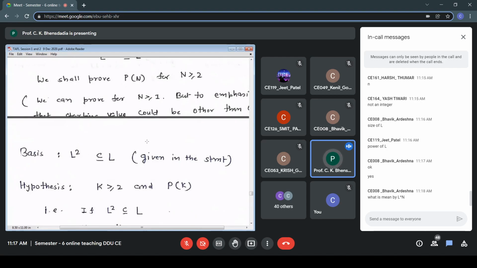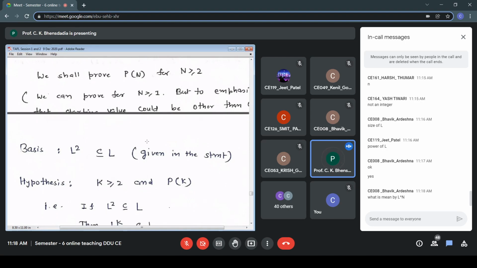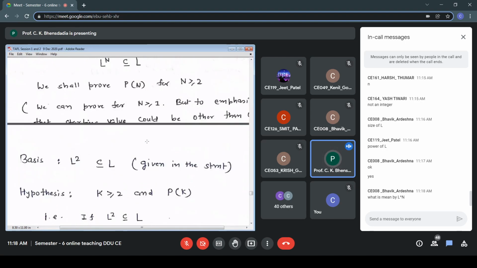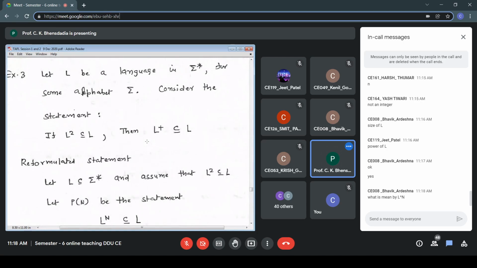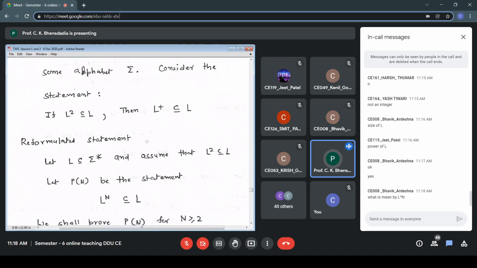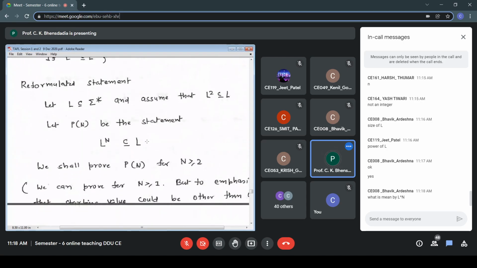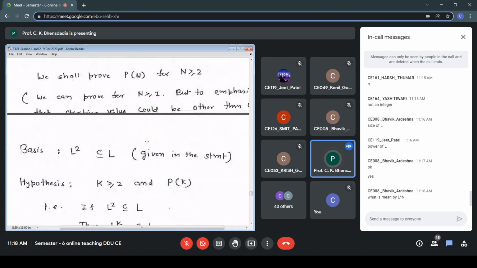So if L square is a subset of L, then L to the power K is a subset of L. This is my hypothesis. In the statement, I substitute n equal to K. That is assumed to be true.